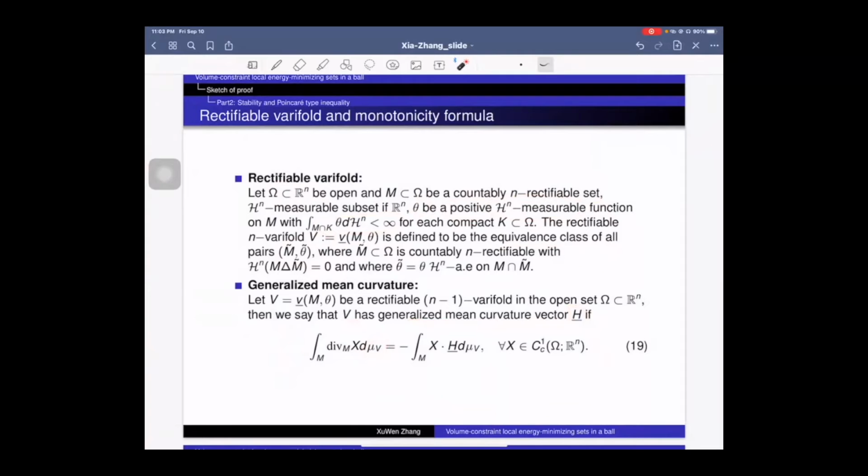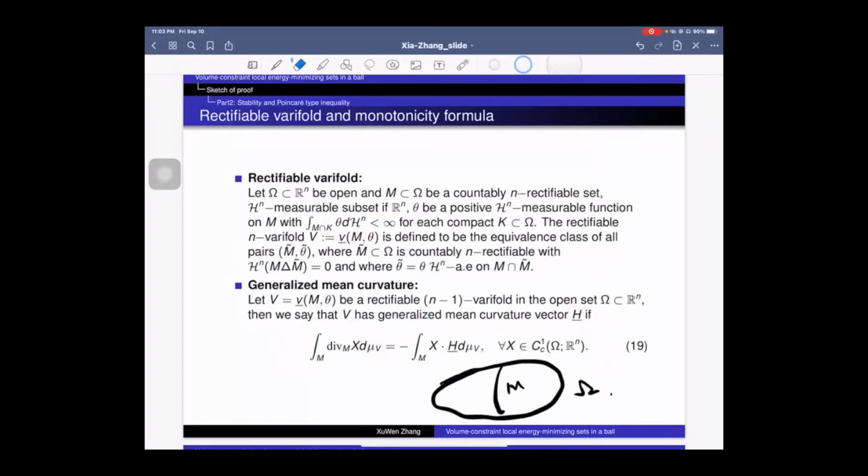And from this formula, we see that the rectifiable varifold is an extension of the smooth submanifold M in omega, where M has no boundary and lies in the interior of omega.